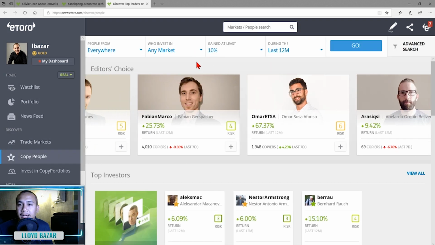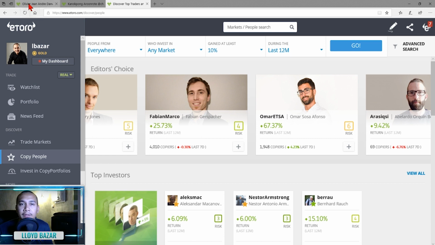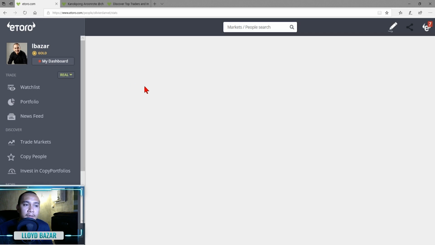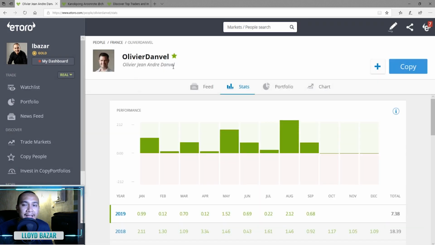Once you are here, for example, one of the best persons you can copy right now is Olivier Danville. So here's a trader. He's a popular investor. You're going to see that with this star so that you'll know if he's a popular investor. If it says a green star, then that means he's been dubbed as one of the best traders out there already.